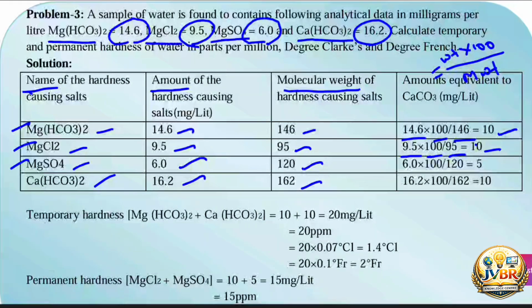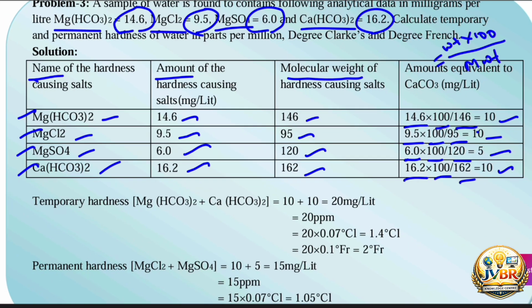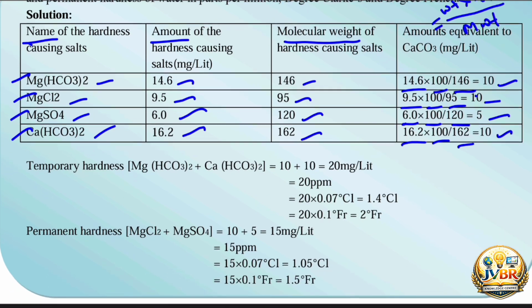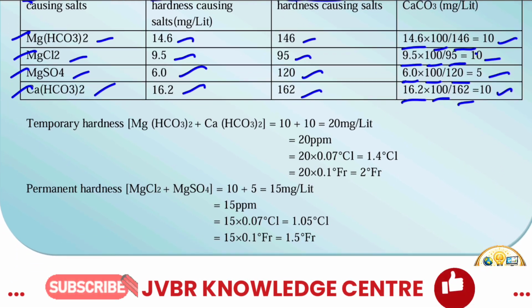Coming to magnesium sulfate, weight of the salt is 6 into 100 by molecular weight 120, we will get 5. Coming to calcium bicarbonate, weight of the salt is 16.2 into 100 by 162, we will get 10. Now separate out temporary hardness producing salts and permanent hardness producing salts.